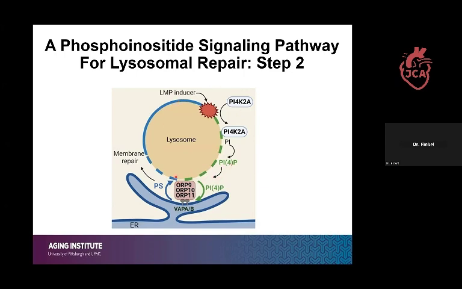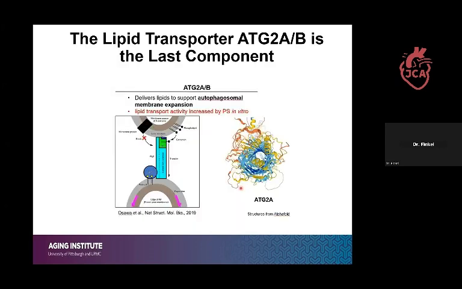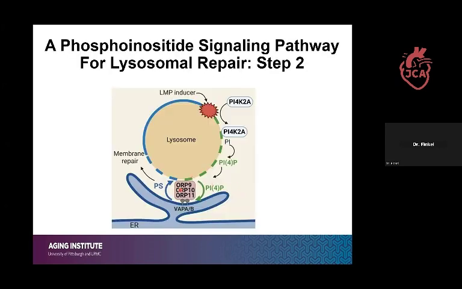And so the question is, what's next? Excuse me. If you've been keeping score here, we haven't really done anything to repair the lysosomal membrane. As the lysosome membrane is damaged, it needs lipids to repair that membrane damage. But we've really not delivered any lipids to the lysosome.